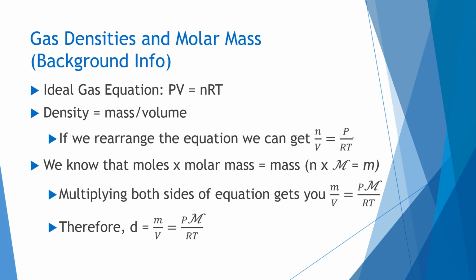And if we know that moles times molar mass gives me my mass, we can multiply both sides of the equation to get the formulas that we use for density and for molar mass. So when you ask yourself where Mrs. Grove got these equations, it's from rearranging these equations and substituting in things that we know.